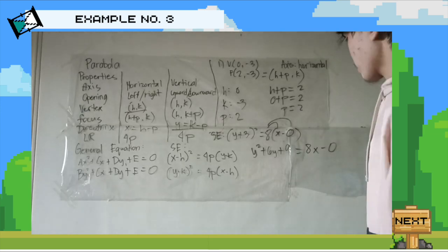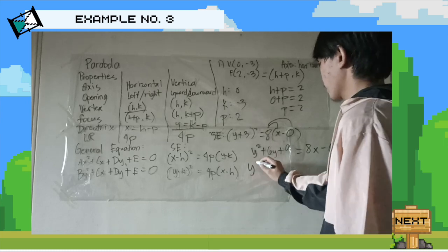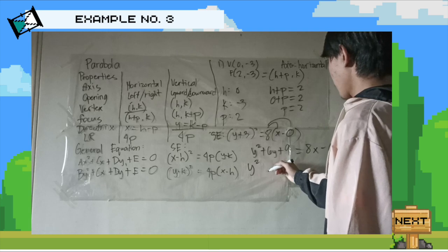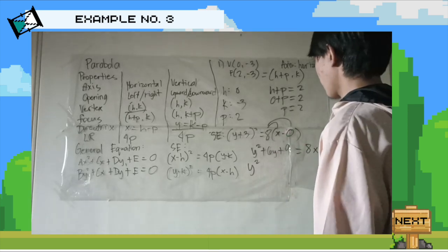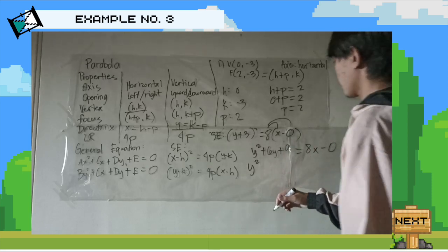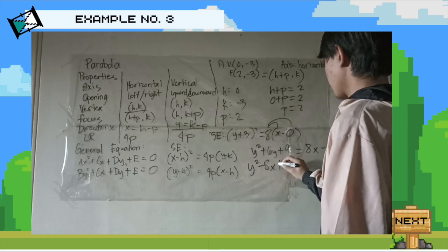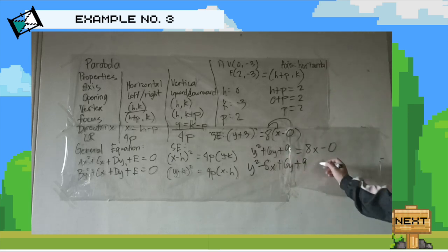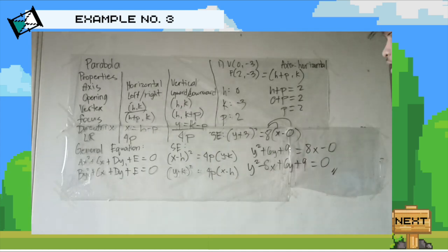So now we just have to combine them. Right? So y squared minus 8x, because you will move this 8x into the left-hand side. So minus 8x plus 6y plus 9, is equal to 0. Therefore, this is our general equation.